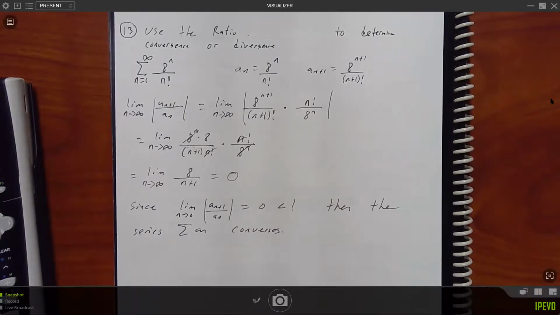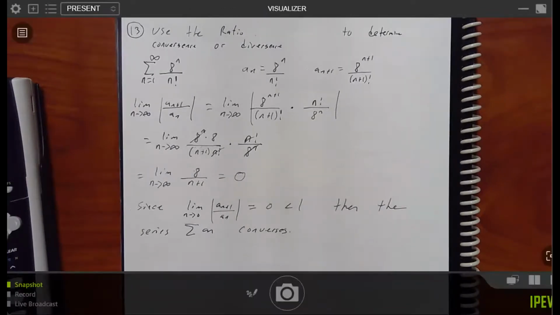Make sense? 14 will be similar. Same with 12. 15 is different. That one's a straight up root test.